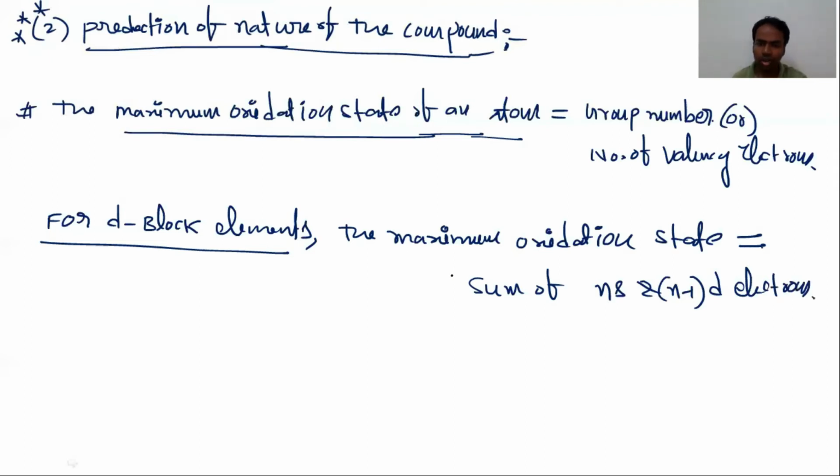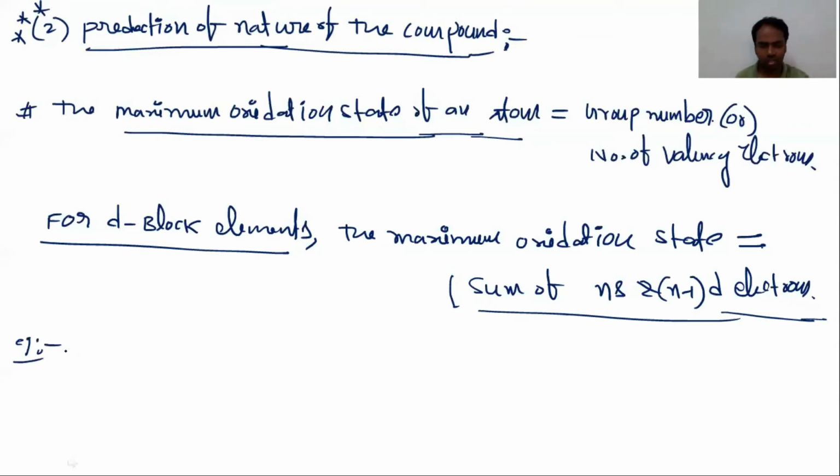So you get more clarity by taking examples. For most of the P and S block elements, the maximum oxidation state is equal to group number or number of valency electrons. But for D block elements, it is equal to the sum of Ns and (N-1)d electrons. I will take 2-3 P block elements and 2 D block elements, so you get more clarity.